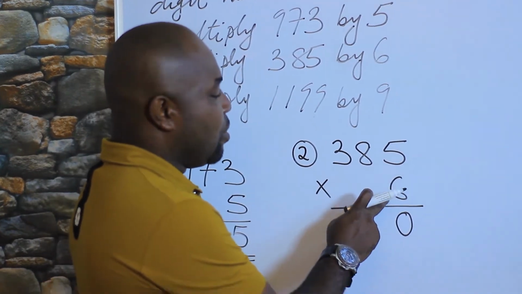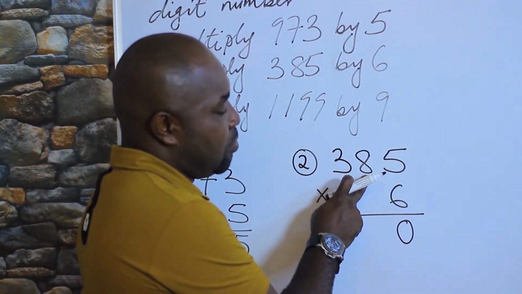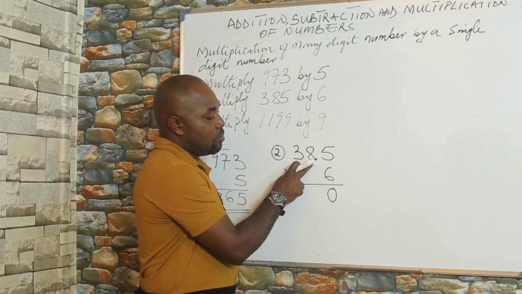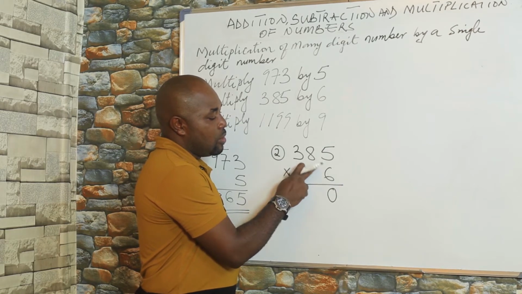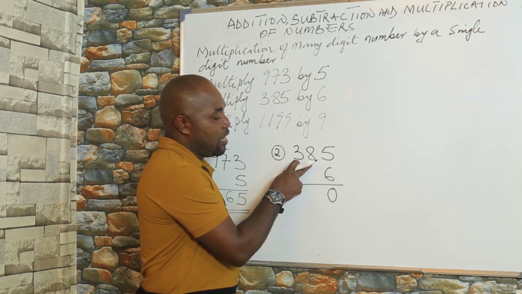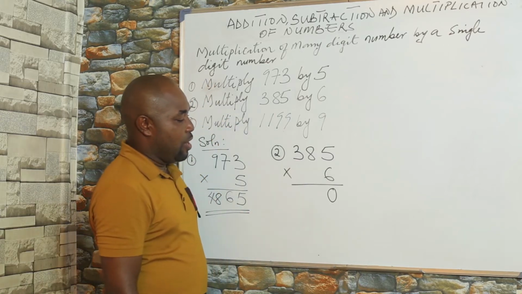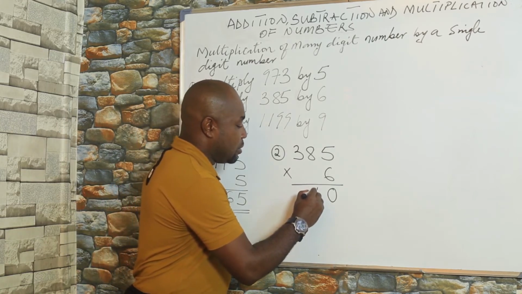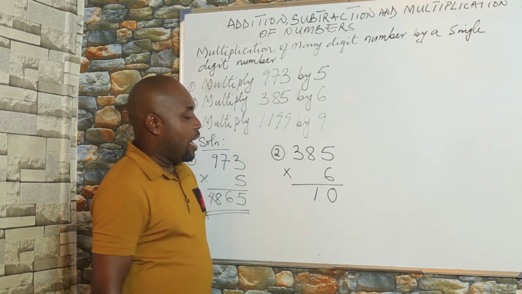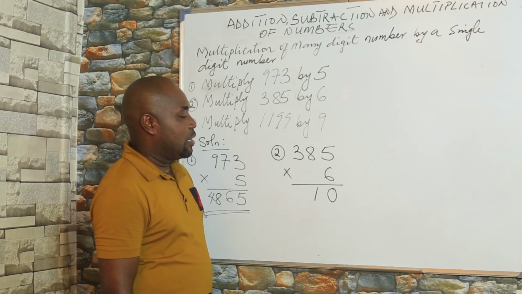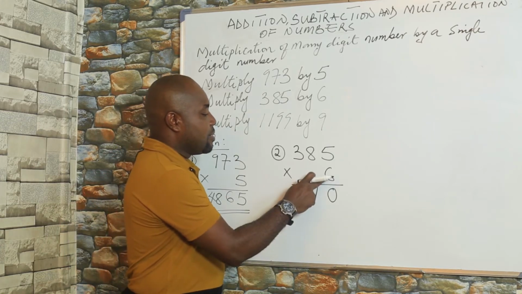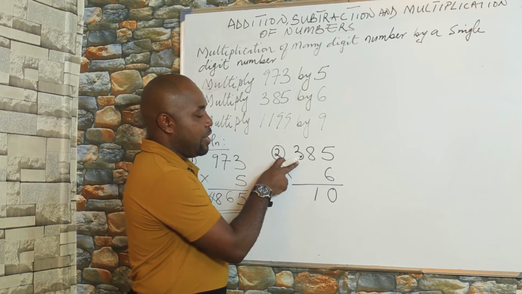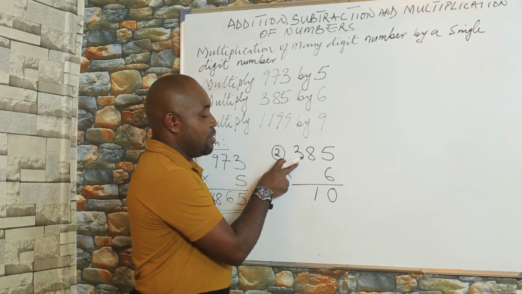That's 3. 6 times 8. 6 times 8 is 48. Plus the 3 we carry is 51. We write 1 and carry 5. 6 times 3 is 18.